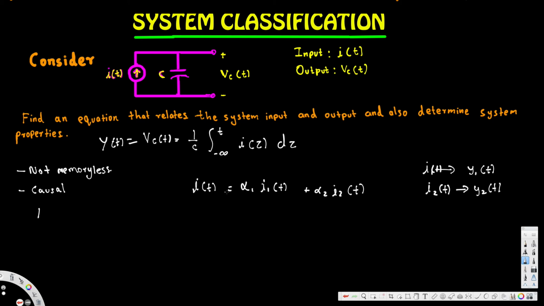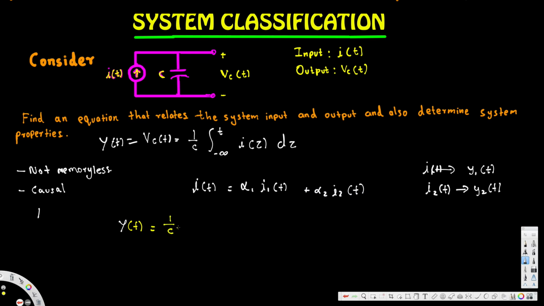Now let's see whether it satisfies that. To check this, I'm going to do the integration. We know that y of t is equal to 1 over c, integral of I of tau d tau, but instead of I of tau, I'm going to replace it with the linear combination.